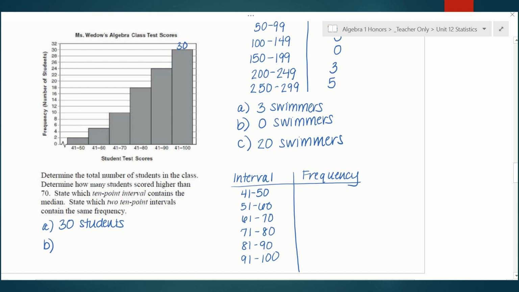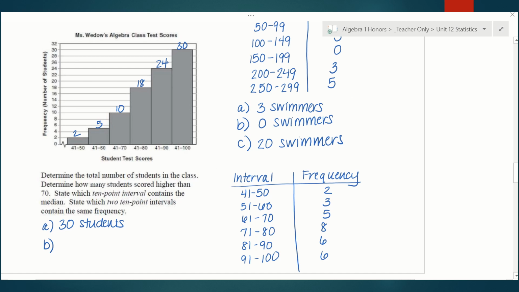We can see 2 was our first one. This one is 5, which means that there were 3 in 51 to 60. This one is 10, which means there were 5 in 61 to 70. And if that is 18, there must have been 8 in 71 to 80. Then we have 24 here, which means there was a difference of 6. And then 91 to 100 was 30, so another difference of 6.